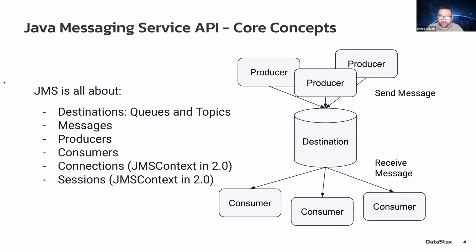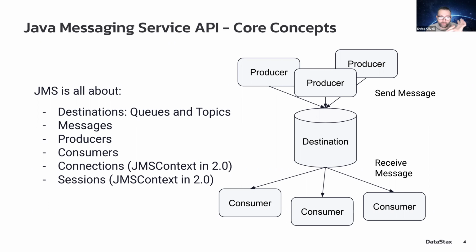The core concepts of JMS. JMS is really about having destinations that are containers of messages, sequences of messages. There are producers that put the messages into the queues or the topics, and consumers that read and process the messages.